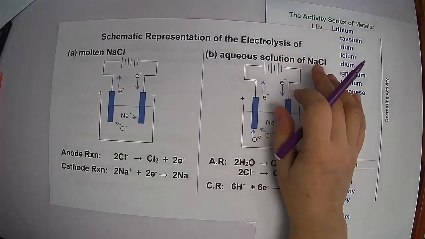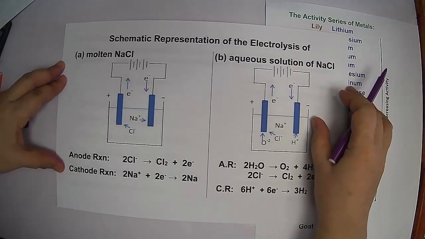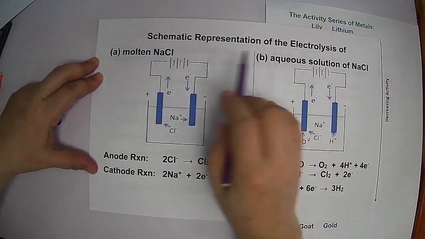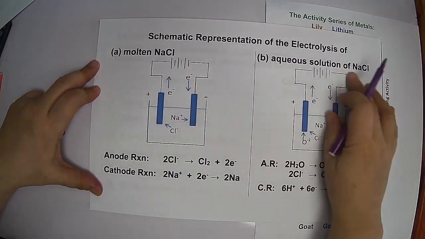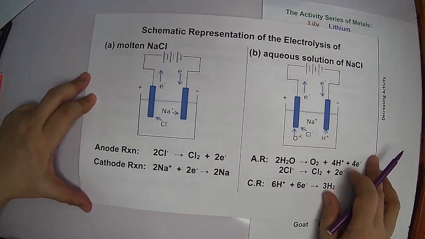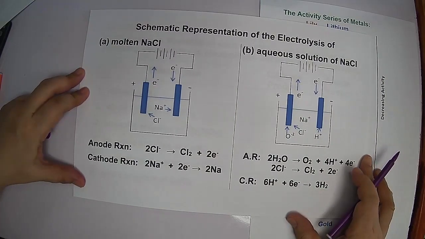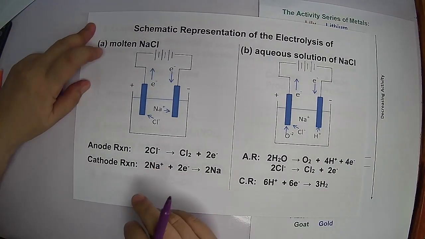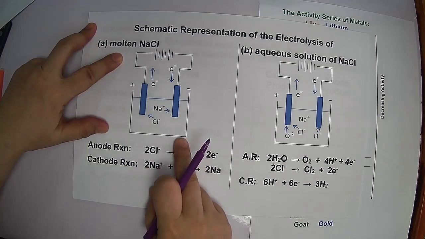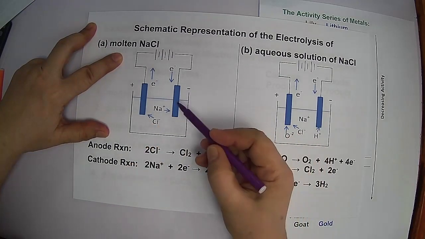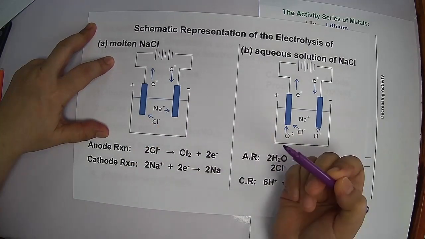So let us have a schematic representation of the electrolysis of molten sodium chloride and aqueous sodium chloride, and let us compare their electrode products. For the electrolyte of molten sodium chloride, what is present is the sodium ion and the chloride ion.